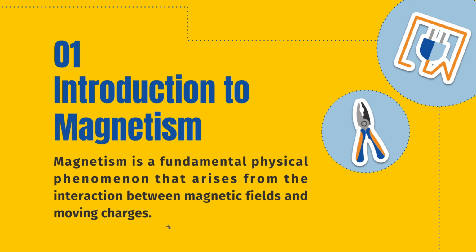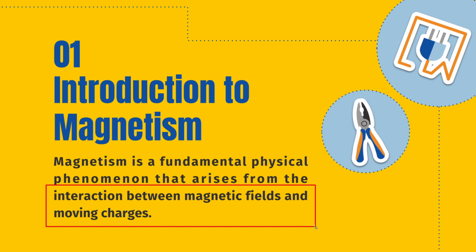The major point to highlight is that magnetism deals with the interaction of magnetic field and moving charges. Whenever there are moving charges, as a result, there is going to be a magnetic field. And the interaction between magnetic field and moving charges is what we call magnetism.